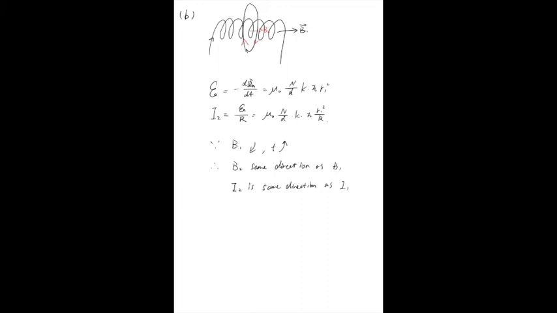So the magnetic field produced by the induced current in the ring will be in the same direction as the magnetic field of the solenoid. Then we can easily figure out the current in the ring will be in the same direction as the current in the solenoid.